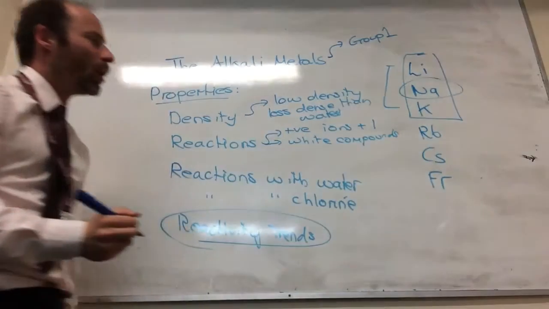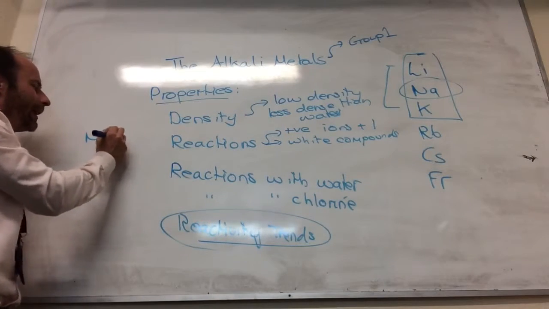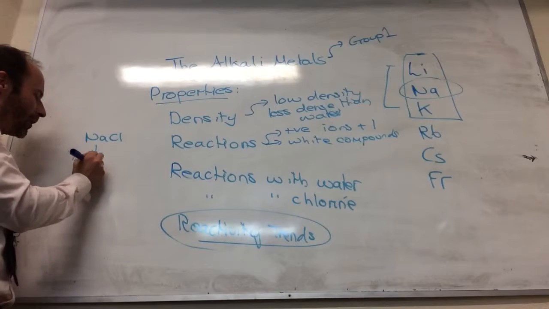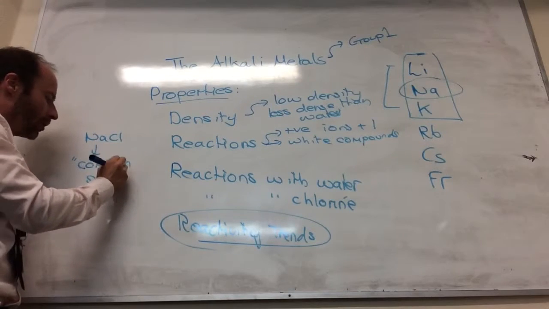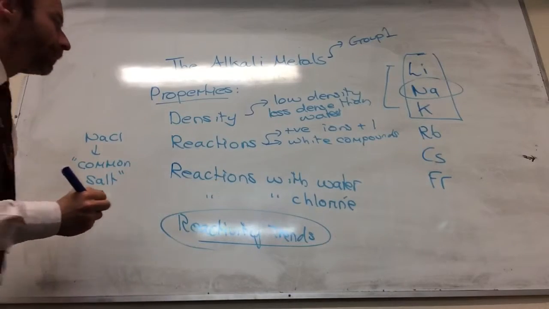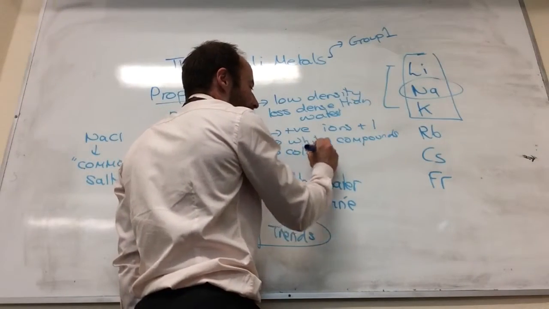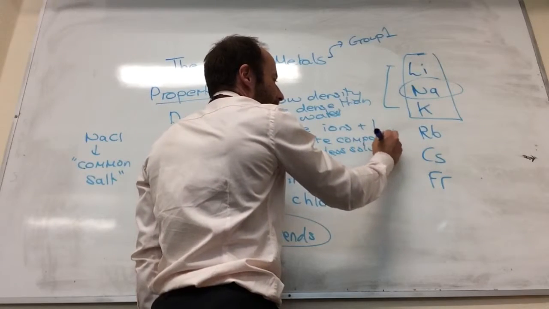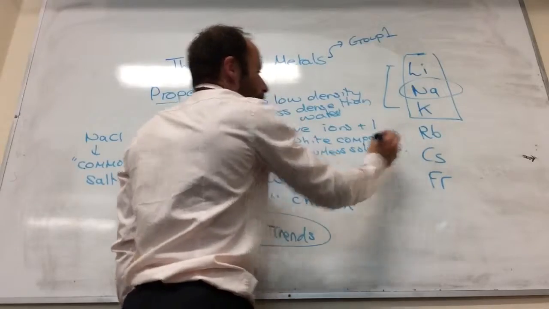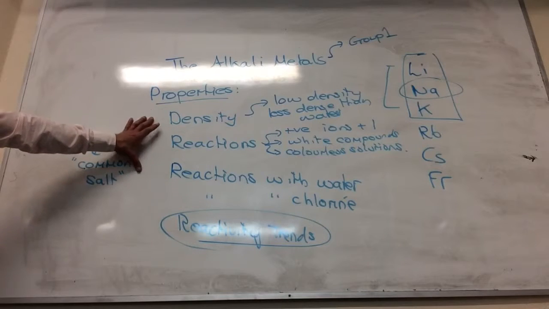And the most common one that you know is, of course, sodium chloride, NaCl, which you know as common salt, the stuff you put on your chips. And they form colourless solutions. Now, this is important when we come and compare them against the transition metals, which will be our next topic coming on. So those are the general properties.